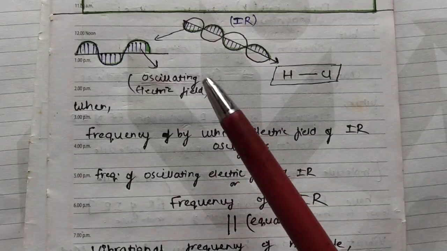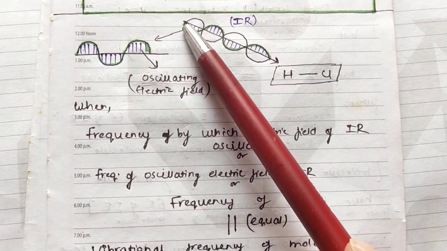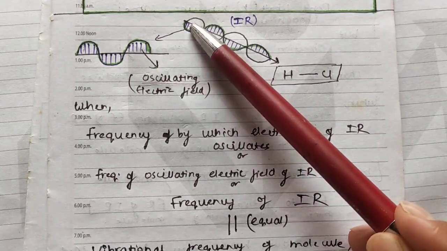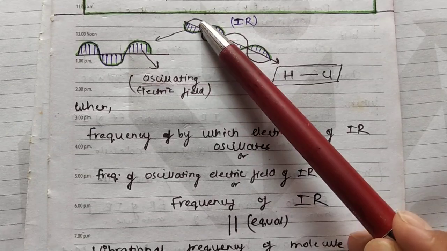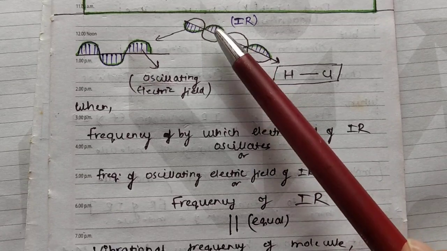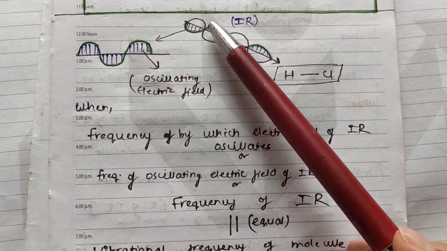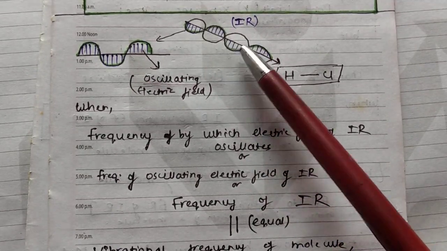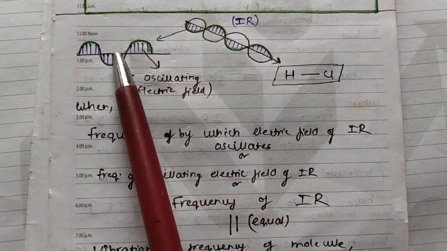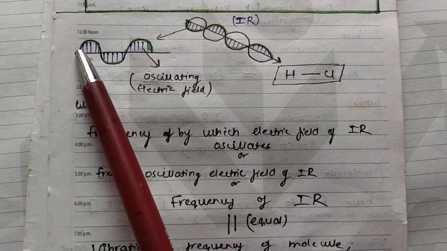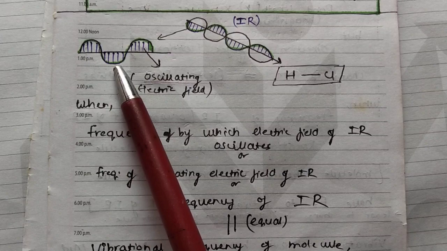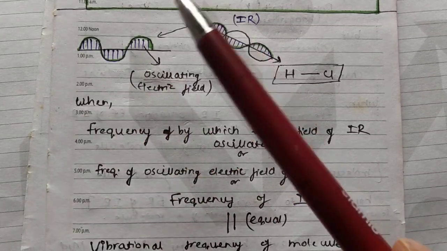Here with this green color, I have highlighted the electric field. Inside this wave, in this wave of the electric field, there is an electric field. This line is denoted by the electric field. So if I show it here, see here, with the movement of the wave, with the disturbance of the wave, the electric field continuously changes.